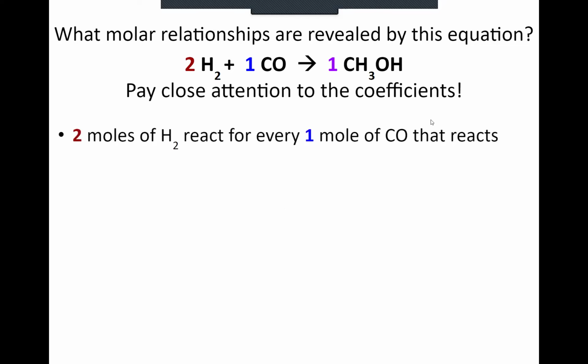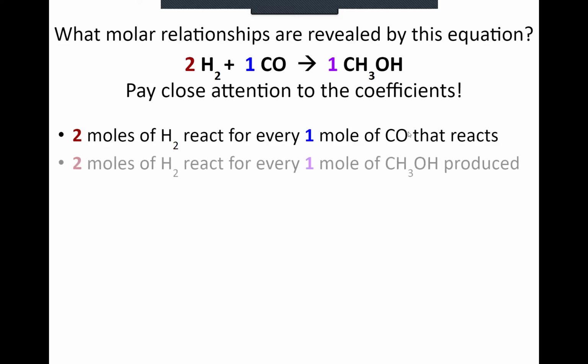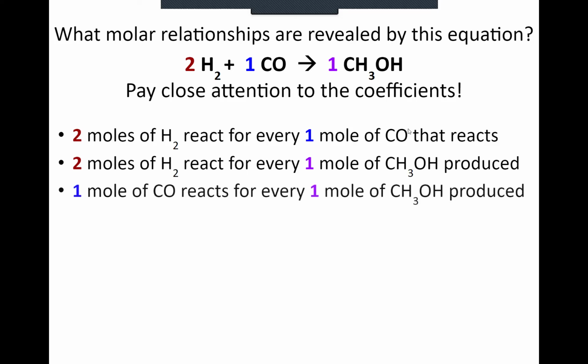For every 2 moles of H2 that reacts, 1 mole of CO reacts along with it. For every 2 moles of H2 that reacts, 1 mole of CH3OH is produced. For every 1 mole of CO that reacts, 1 mole of CH3OH is produced.